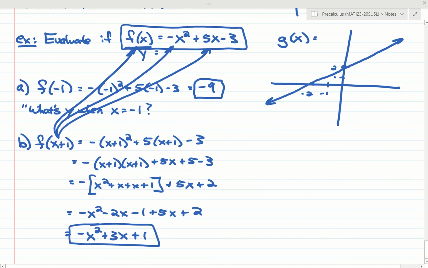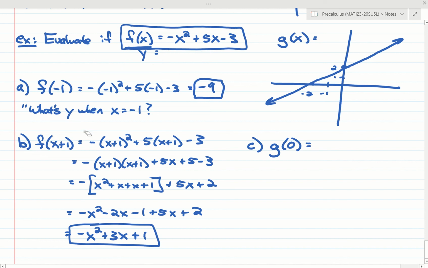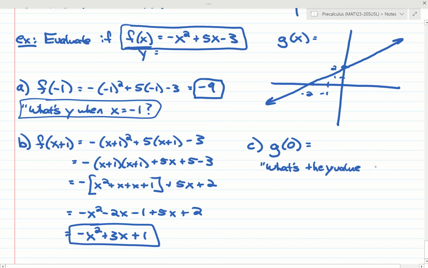Last problem I want to do is a little bit different. What if I asked you, what's g of 0? Well, remember what we said over here. Really, the question's asking you, what's the y value when x equals 0?